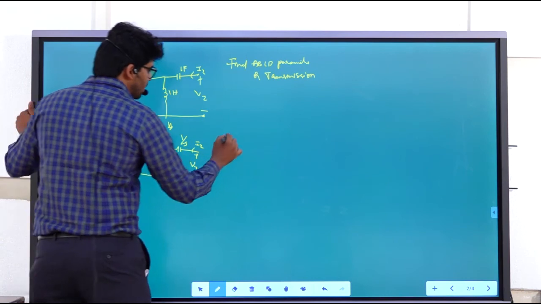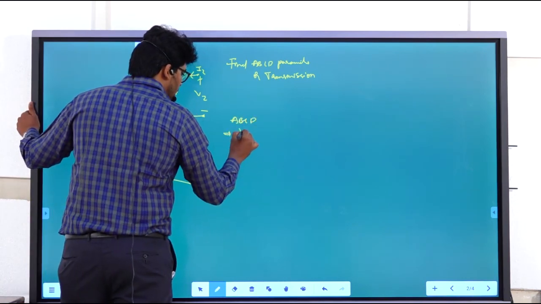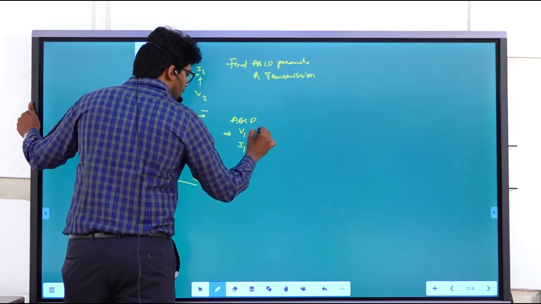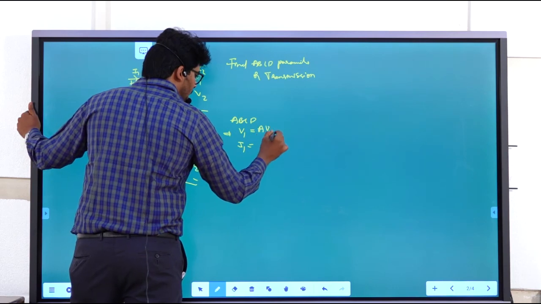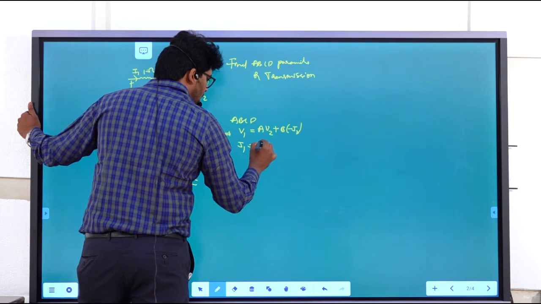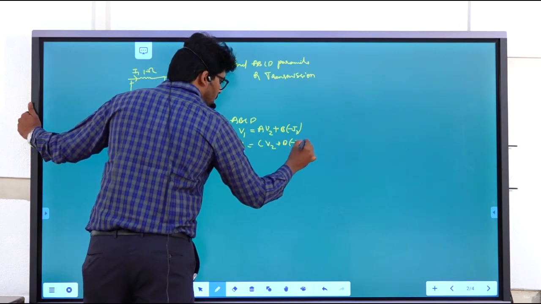Now I want ABCD parameters. So what are the ABCD parameters we have? In ABCD parameters, V1 and I1 are dependent. So independent are V2 and minus I2: V1 equals A V2 plus B times minus I2, and I1 equals C V2 plus D times minus I2. Okay.